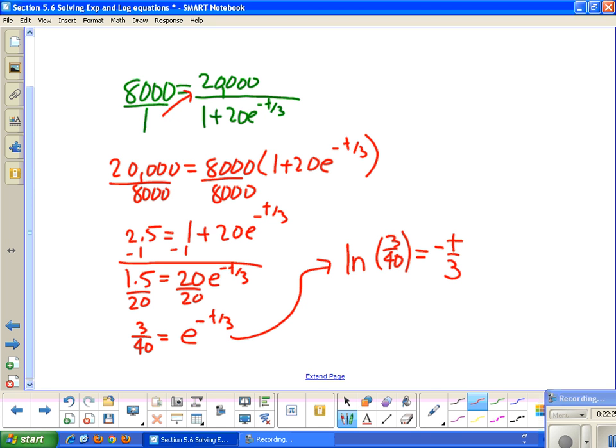So for this problem, I need to solve for t by multiplying both sides by negative 3. So this would be negative 3 times the natural log of 3 divided by 40 gives me my t value. Plugging this correctly into your calculator would yield t being equal to 7.77 hours.